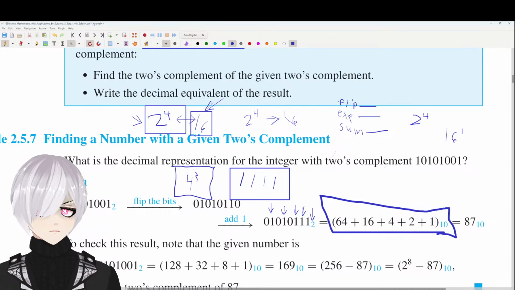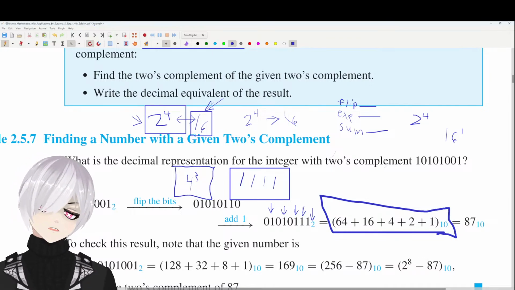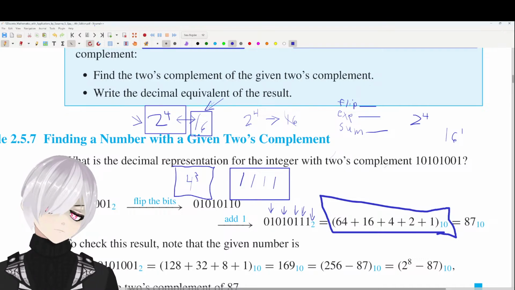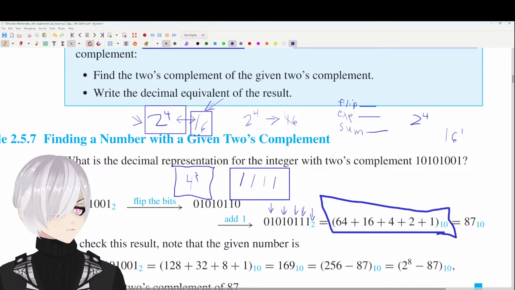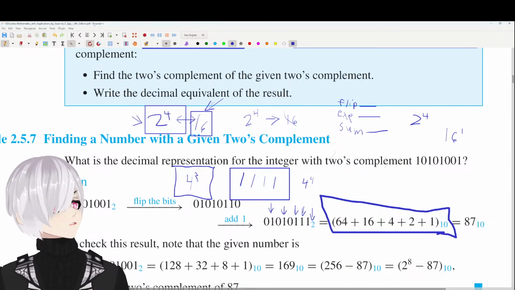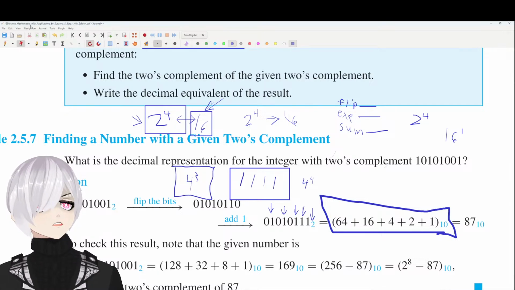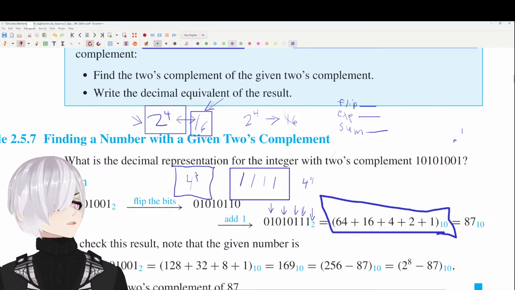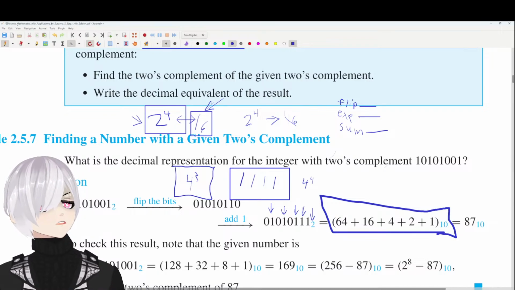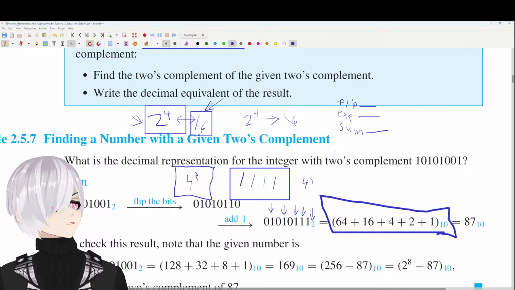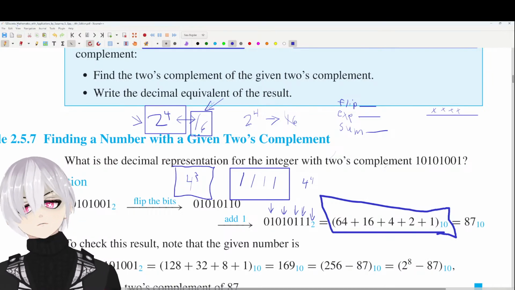To find the total number of possibilities, you have two possibilities for the first one, then two for the second, then two for the third, then two for the fourth. So it's two times two times two times two, which is 16. So if you have 4 bits, then you have two to the fourth possible combinations of bits, which means you have two to the fourth possible additions to do to calculate the decimal representation.